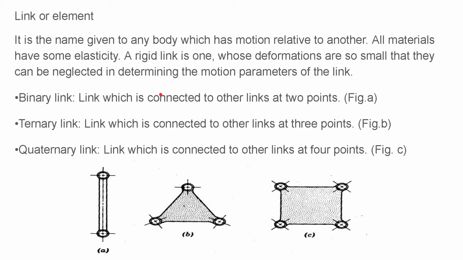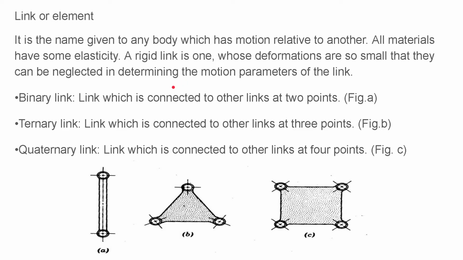So now let's classify links. A link name is given to any body which has motion relative to another, and it has some elasticity also. Based on the degrees of freedom or the number of connections the link has, we will classify them.